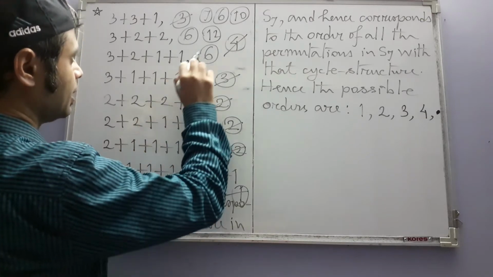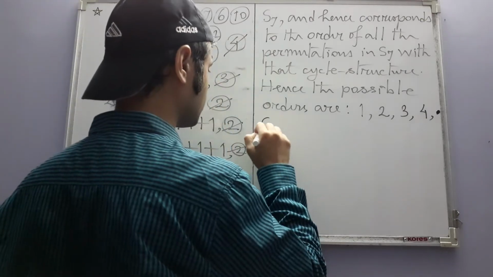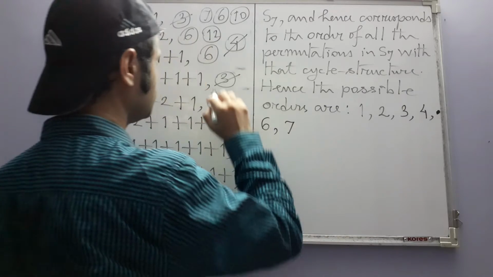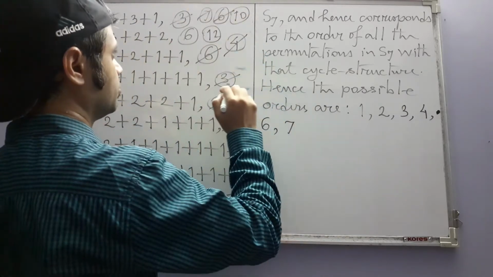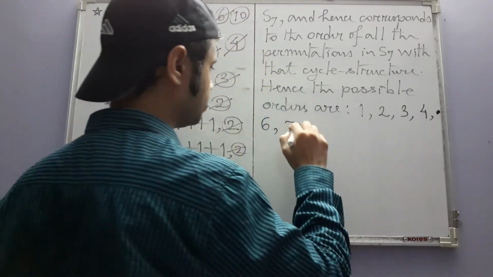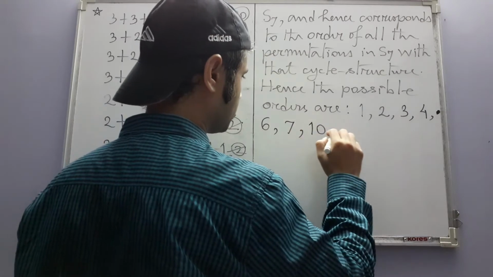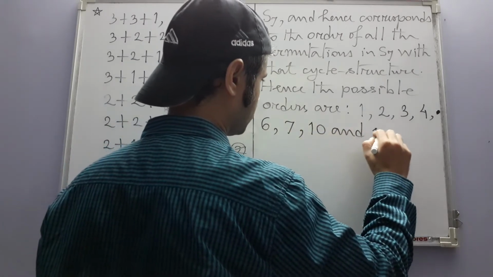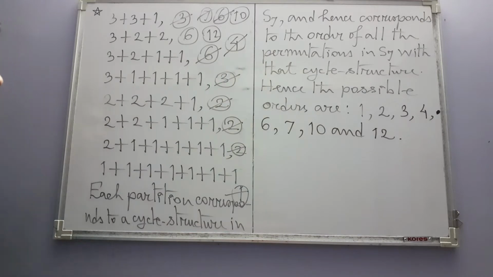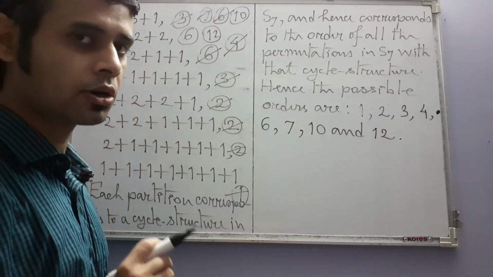Then after that we have 6 and 7, then 10 and 12. Okay, but we need orders 4 or 8.